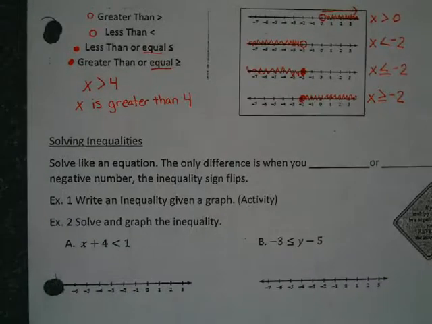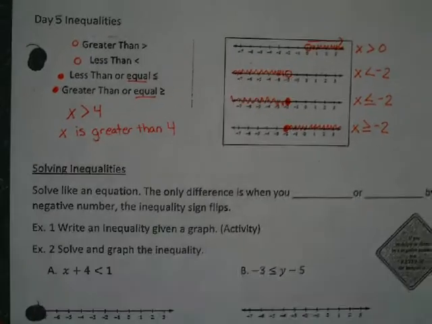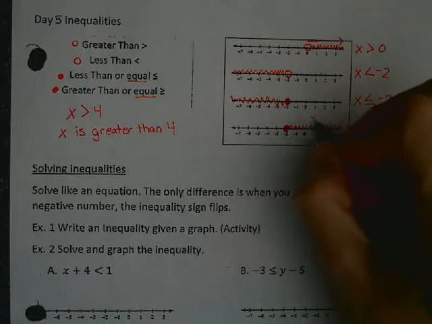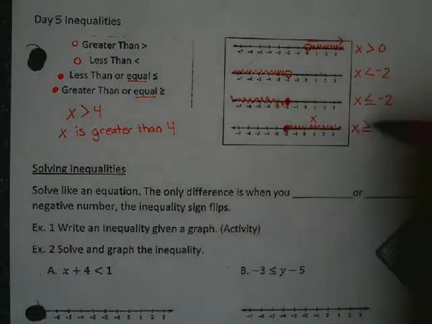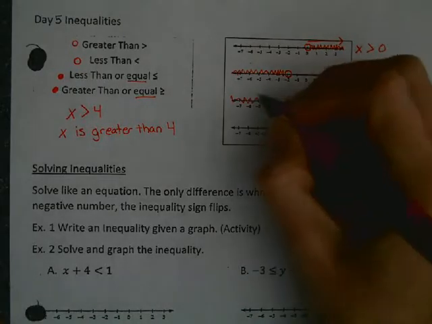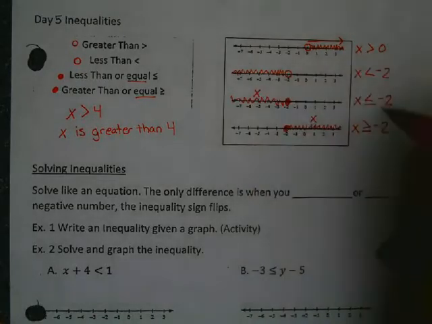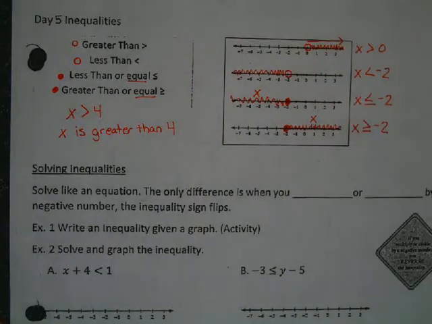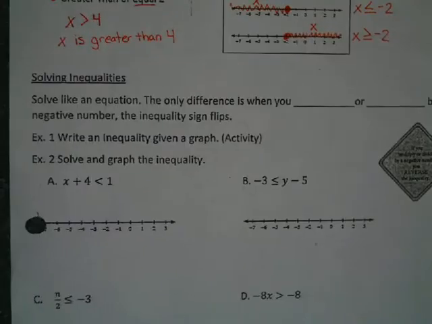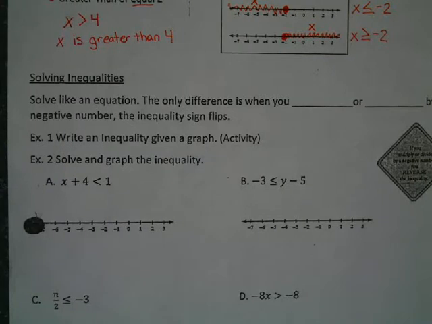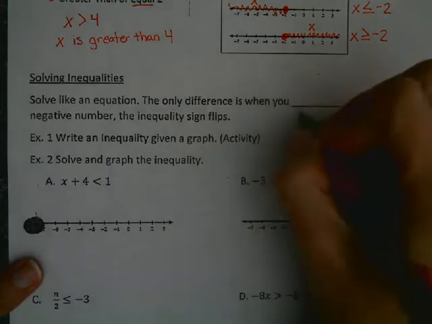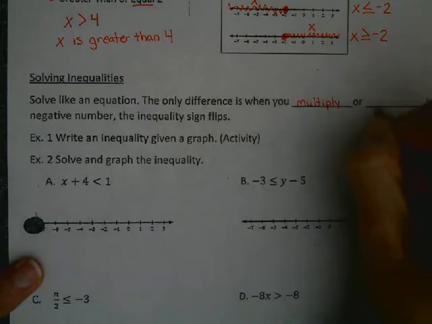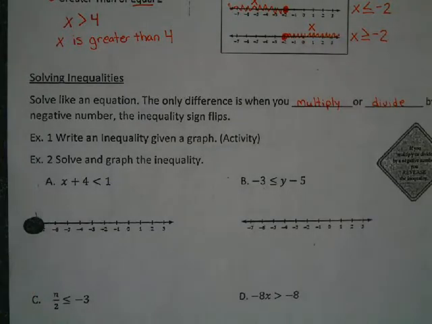In those shadings, the shaded part represents the x value. So these are numbers that are greater than negative 2, and these are numbers that are less than negative 2. All of those are represented there. Solving inequalities, you just solve it like an equation. The only difference is when you multiply or divide by a negative number, the inequality sign flips.